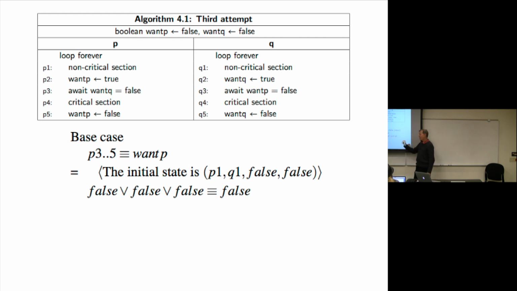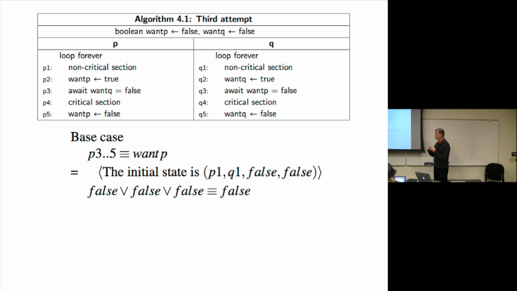Is P3 saying that it's the next step? Okay, good question. Here's what P3.. means. If P is chosen to execute, P3 is the instruction which will be executed next.